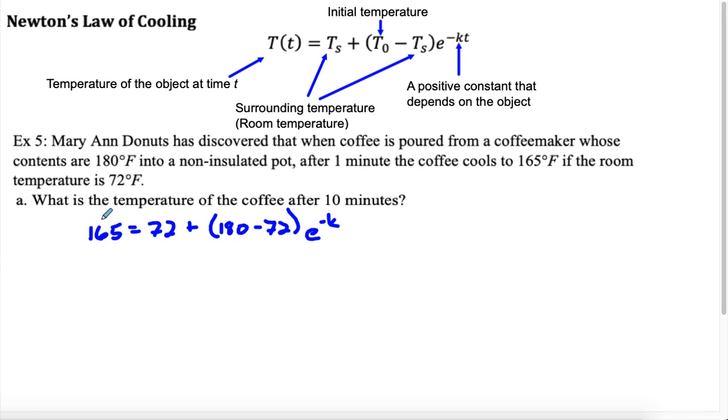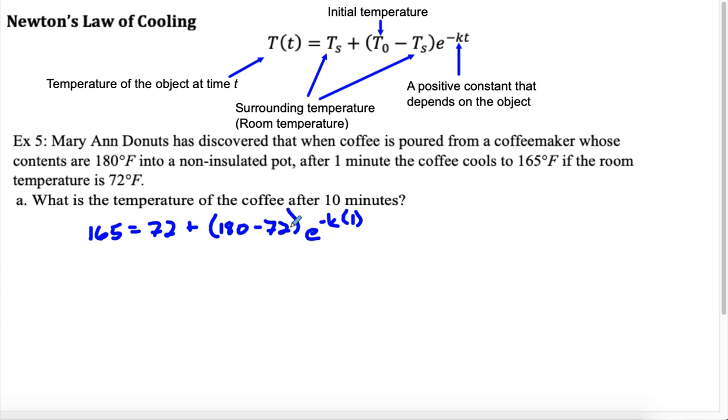And the instant that the coffee is 165 degrees, my t value is 1, because it's after 1 minute. So: temperature at the current time, room temperature, initial temperature, and then the time that has passed.